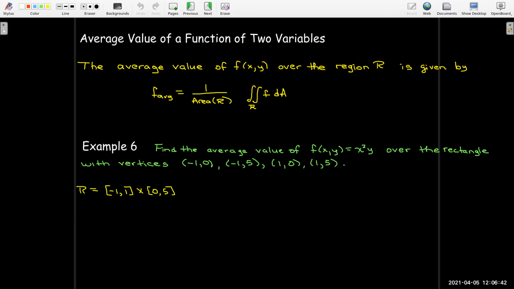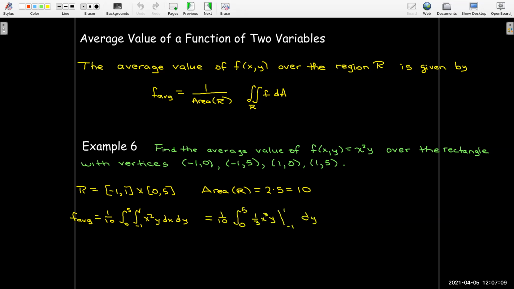So that's my rectangle. I'll go ahead and calculate the area of a rectangle. It's just length times width. From -1 to 1, that's a distance of 2. And from 0 to 5, that's a distance of 5. And so the area would be 10 units squared. So I'm just going to evaluate the double integral and divide that by 10.